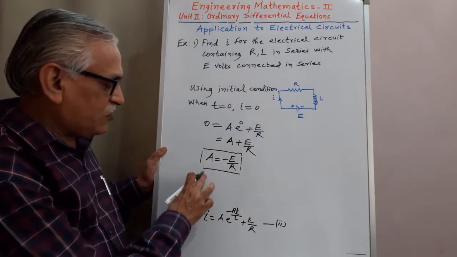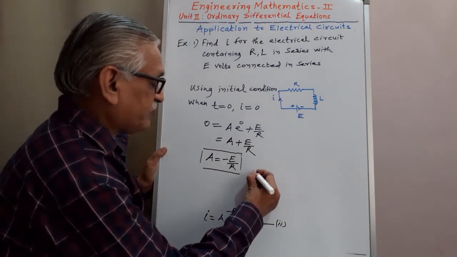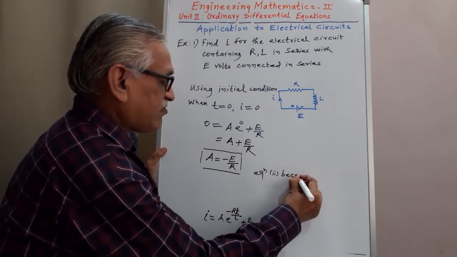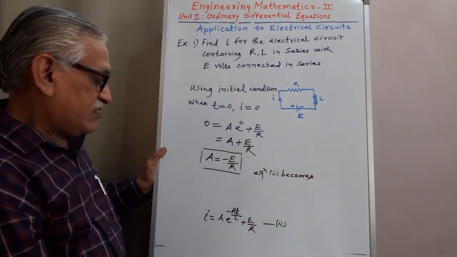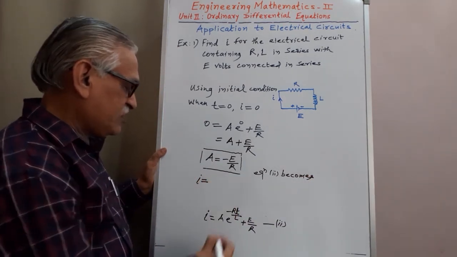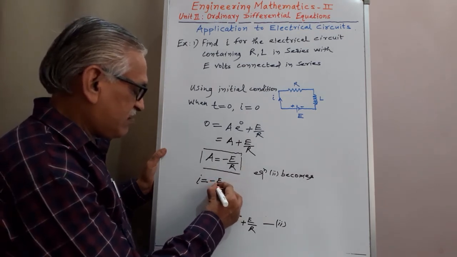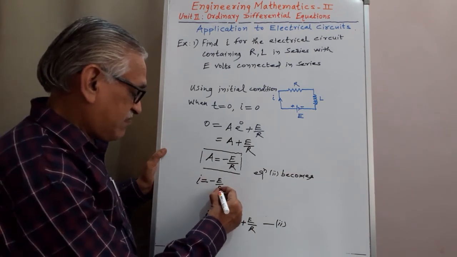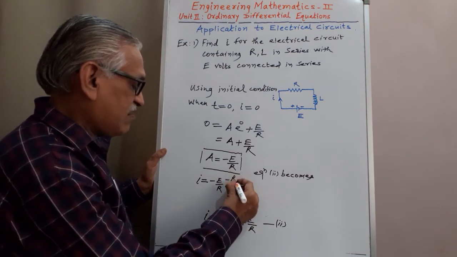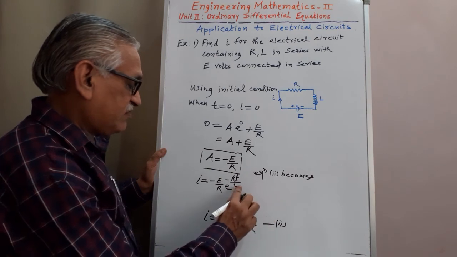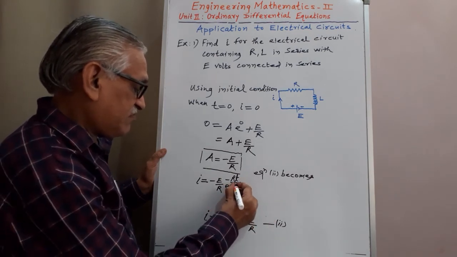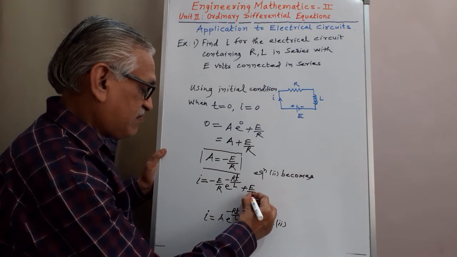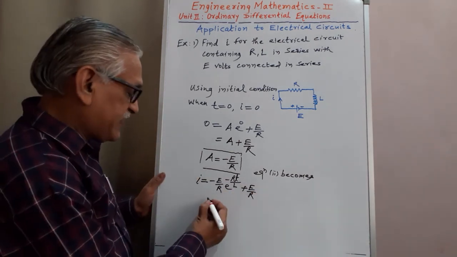Then substituting that value in equation 2, we get current I is equal to minus E by R e raised to minus RT by L plus E by R. From these two terms I can take E by R common.